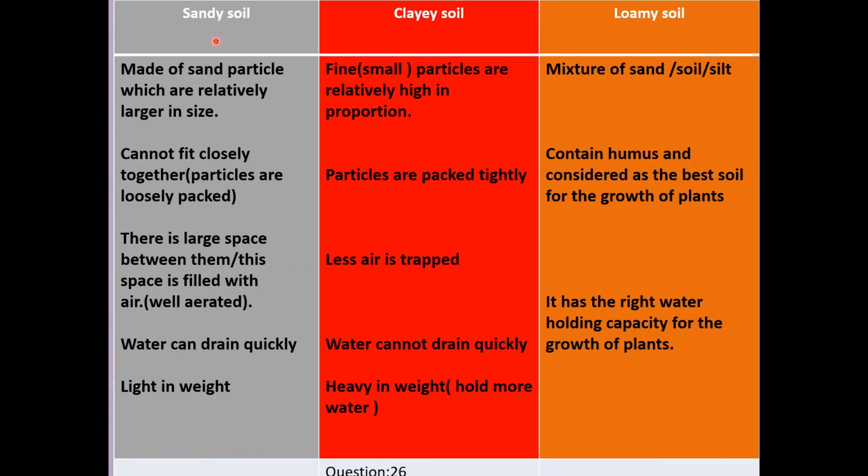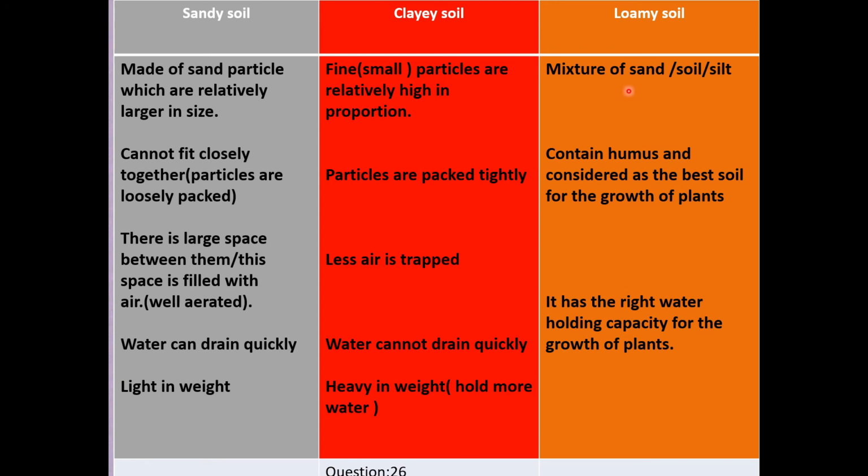Let's learn about the differences between sandy soil, clay soil and loamy soil. Sandy soil, as the name itself says, is made of sand particles which are relatively larger in size. Clay soil has fine, small particles that are relatively high in proportion. Loamy soil is a mixture of sand, clay and silt.